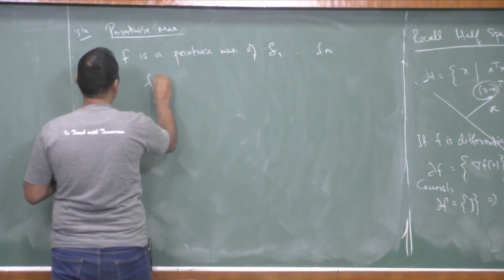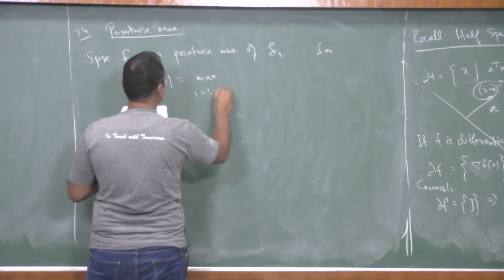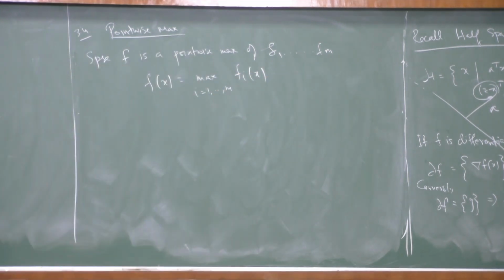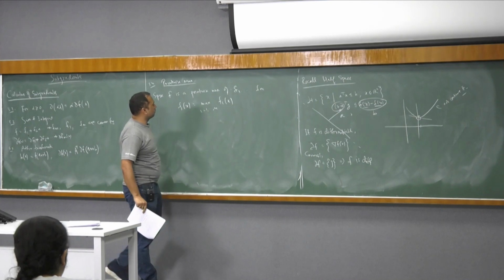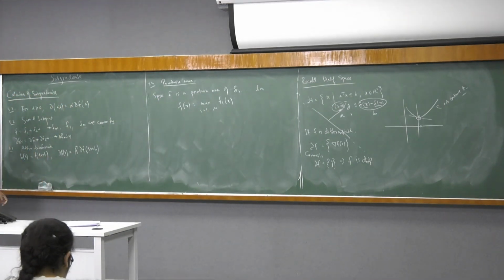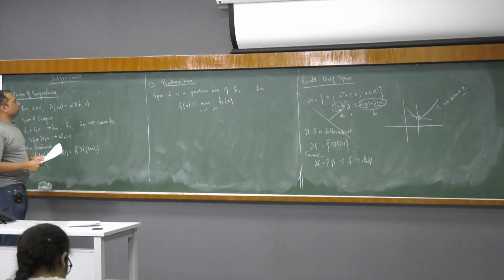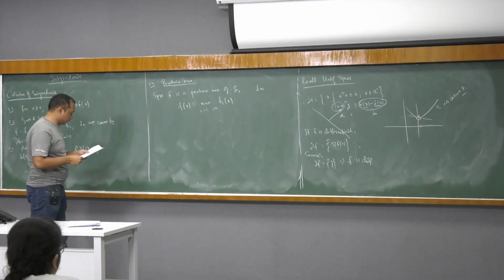That is, f(x) is the max over i from 1 to m of fi(x). So it's usually non-differentiable. Any max or min functions are usually non-differentiable, especially at the points where the fi's cross each other. So what would be the subdifferential of f at those points?